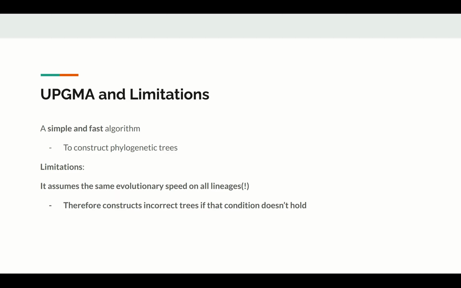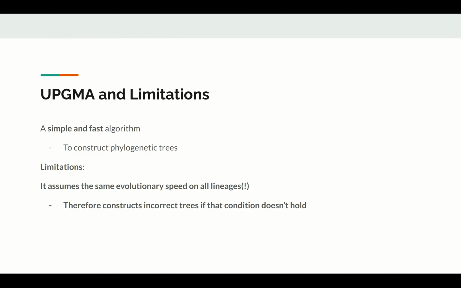So we saw an algorithm which is quite simple and fast. It doesn't need many operations, and it's easy to construct phylogenetic trees. But the limitation is that it assumes the same evolutionary speed on all lineages, meaning that all these elements of this tree have the same kind of mutation rate.